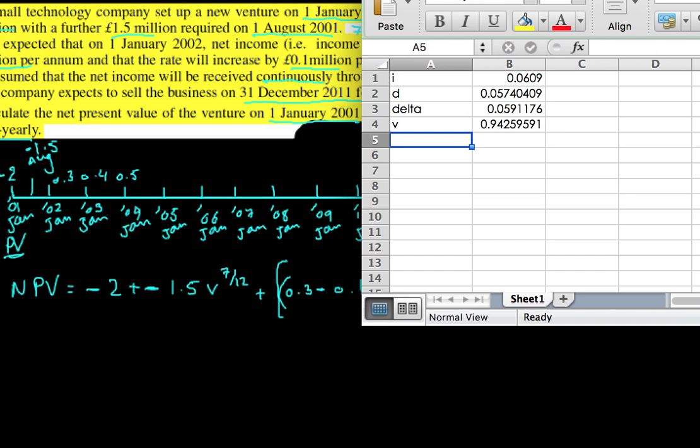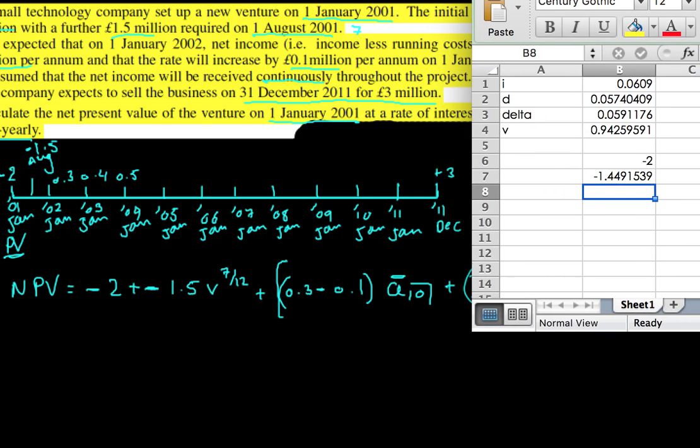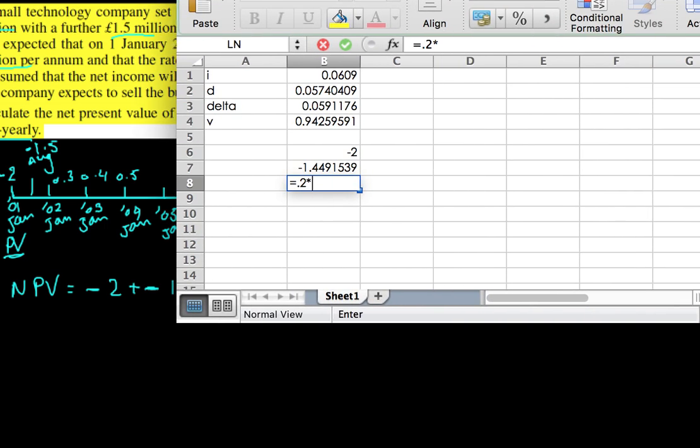So the first bit is a minus 2. Actually, I'll just put that over here, minus 2. The next bit is equal to minus 1.5 times v to the power of 7 on 12. And now for the positive amounts, we were working out 0.2 times our continuous annuity with 10 years.